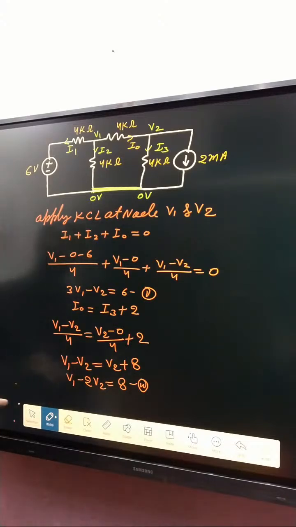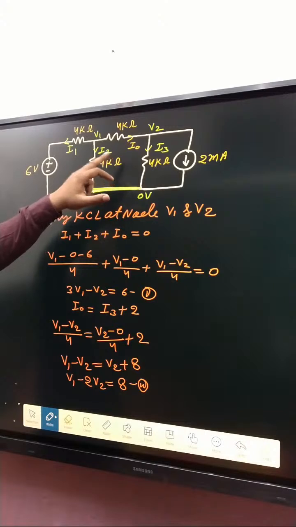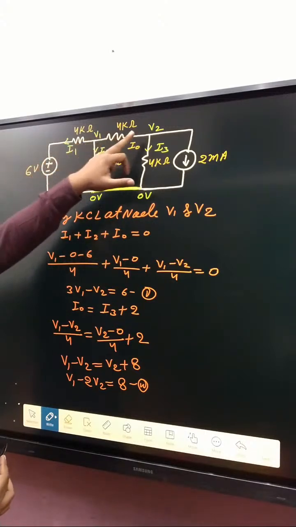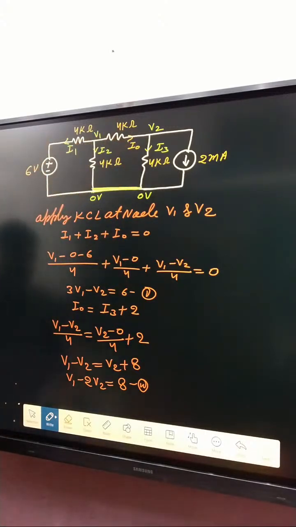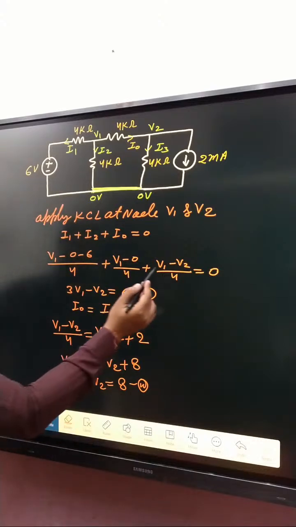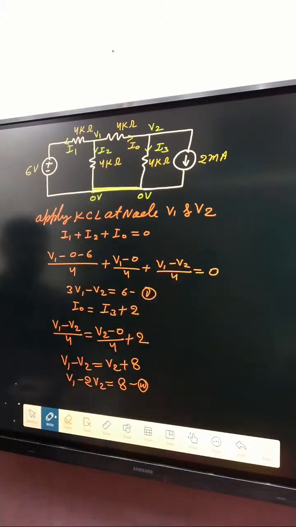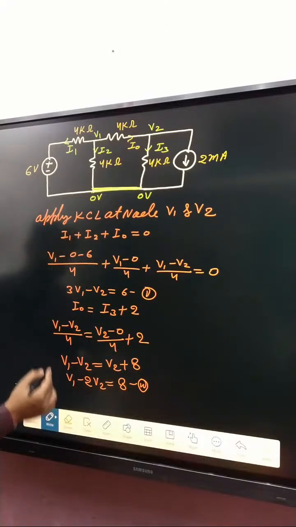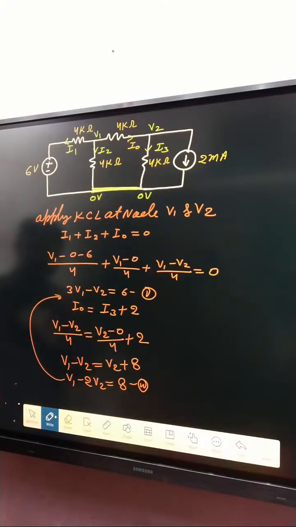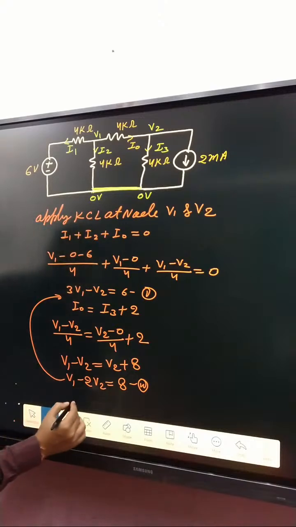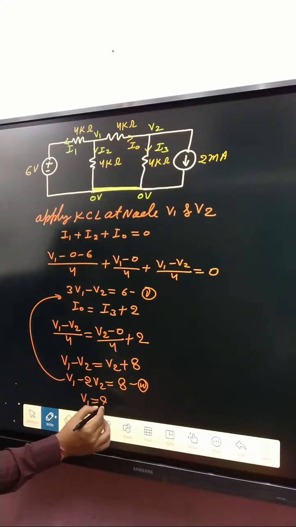Now our motto is to determine I0. If you determine V1 and V2, then we get I0. Put V1 in equation number 1. V1 is basically 8 plus 2 times V2.